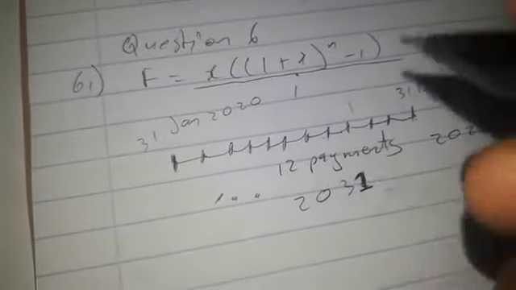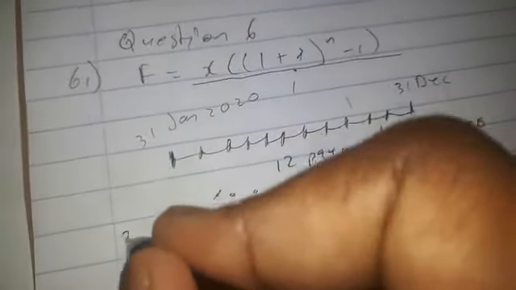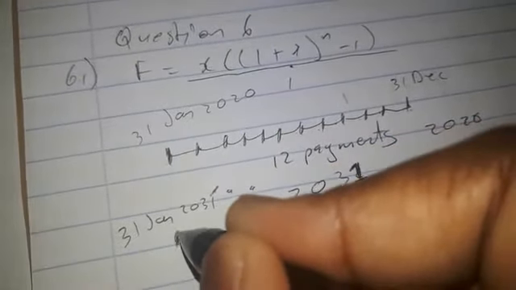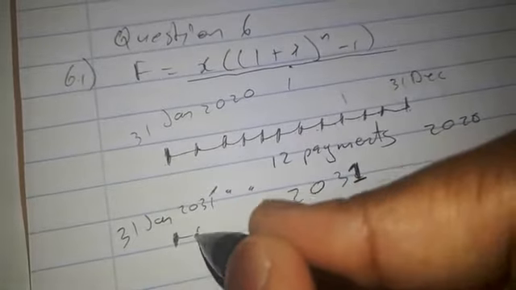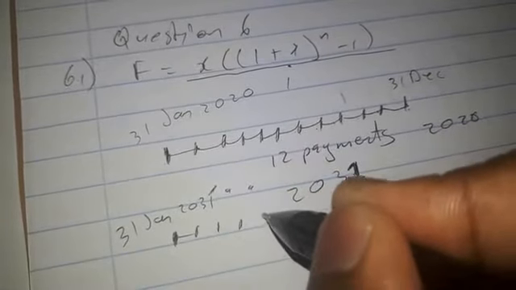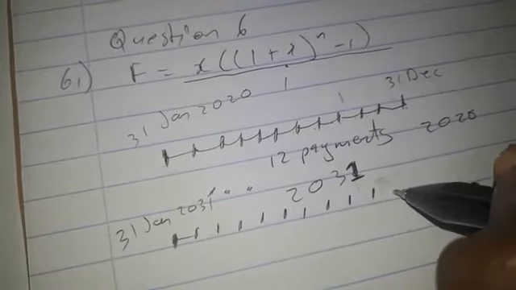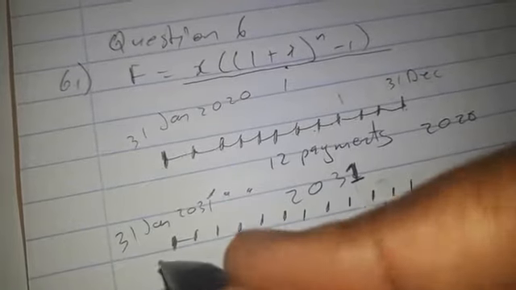In the year 2031, technically he made a payment on the 31st of January 2031. This is January, Feb, March, April, May, June, July, August, September, October, November, December.